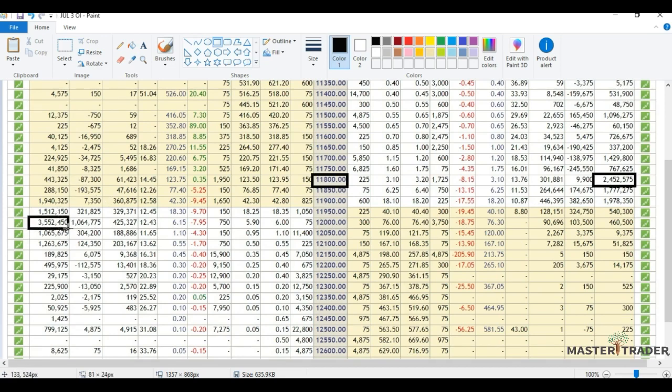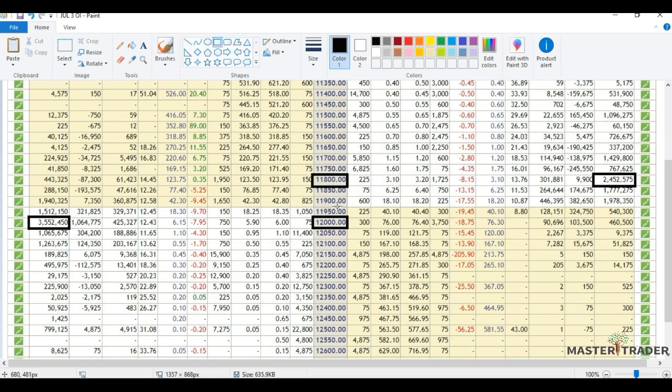Right here, 35 lakhs at 12,000. Right, so we've got our boundaries, our resistance and support for the current month expiry. So this is saying that price will not go below 11,800, and this is saying price will not go above 12,000, right? So this is my range between 11,800 to 12,000.